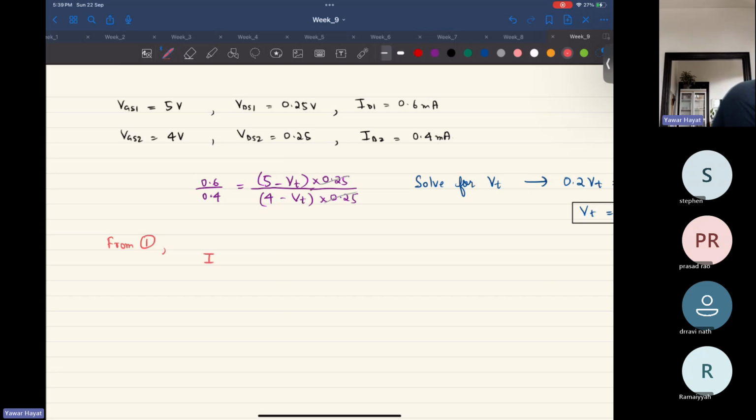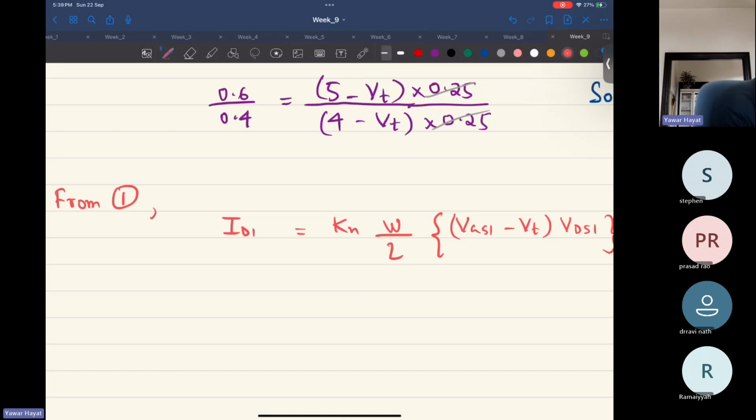From 1 we have ID1 equal to Kn W by L times VGS1 minus VT times VDS1. And what is your ID1? Your ID1 is equal to 0.6 milliamps, so you'll write 0.6 into 10 to the power minus 3, equal to Kn.